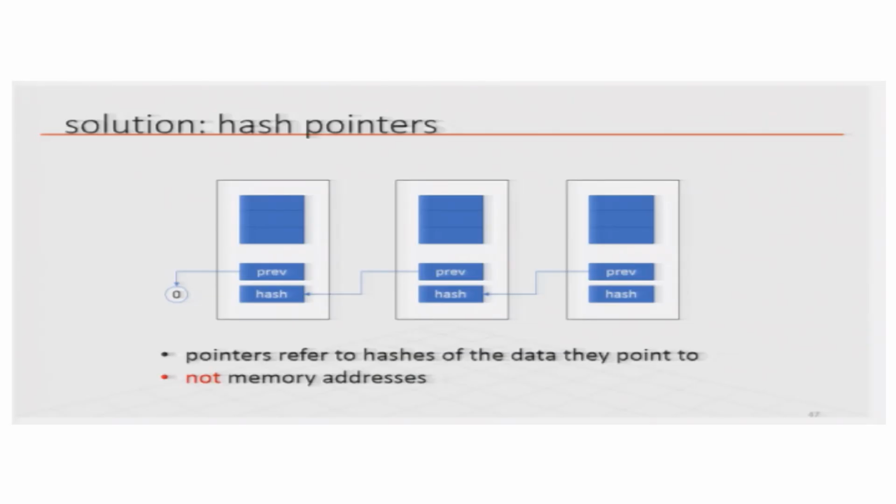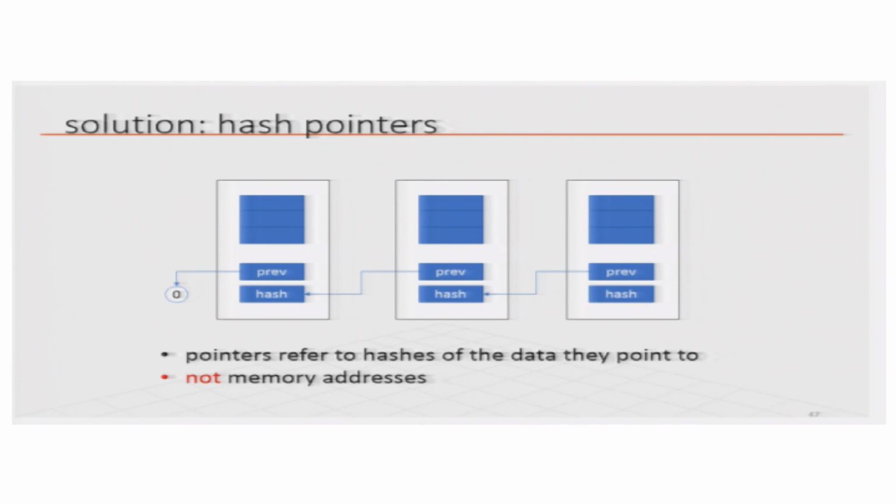So, the previous pointer across different machines works slightly differently. The previous pointer in this case refers to the hash of the previous block. As I said in the previous lectures also, that is enough, if you think about it. I have many blocks, and I have the hash of some block which I consider my previous block. So, all I have to do to check which one is my previous block is go through all the blocks and compute their hashes, and whichever block's hash matches the hash that I am carrying as my pointer is my previous block.